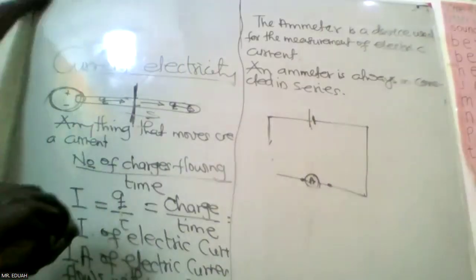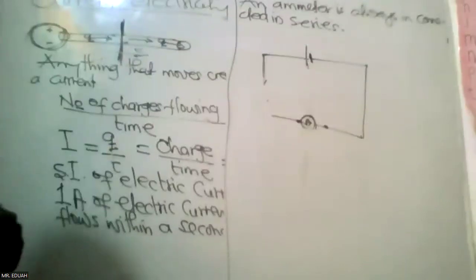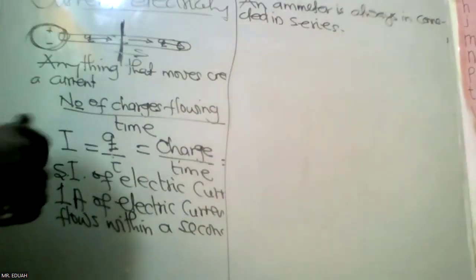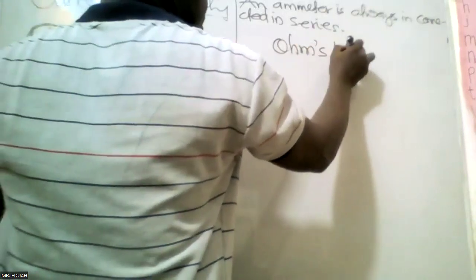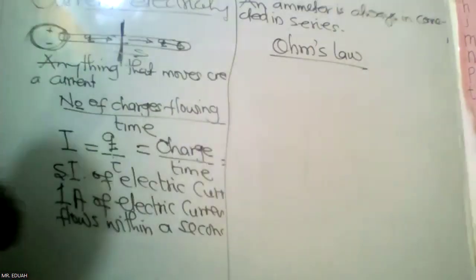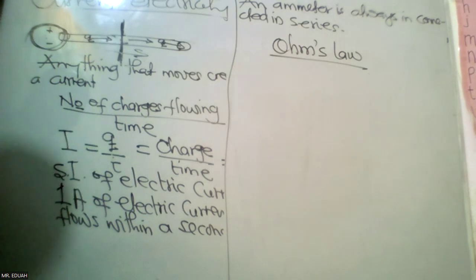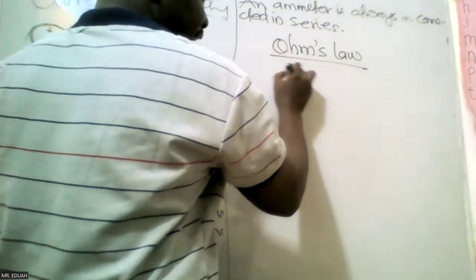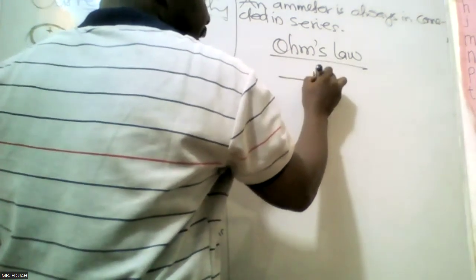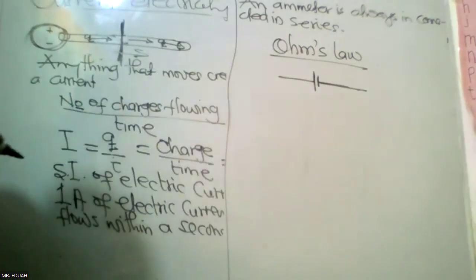All right, so let's look at Ohm's law. What does it say? What is Ohm's law? If I have a circuit and there is current flow, tell me one of the conditions I need to have for current to flow.